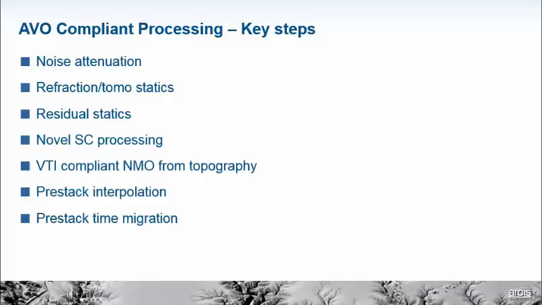Also, refraction statics, residual statics, surface consistent processing, new ideas that we're bringing to the table, and those will be quite clear to you after we've done our talk here. VTI compliant NMO, operating from full surface, from topography. Pre-stack interpolation we'll talk about later on, and pre-stack time migration. So those are the main components in the flow.